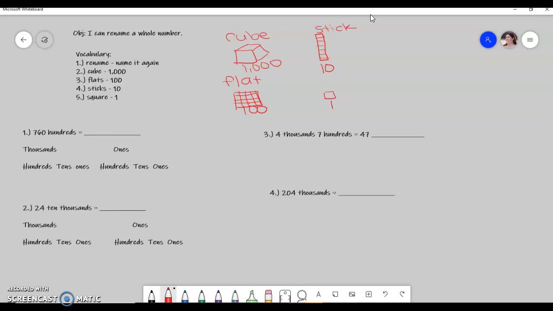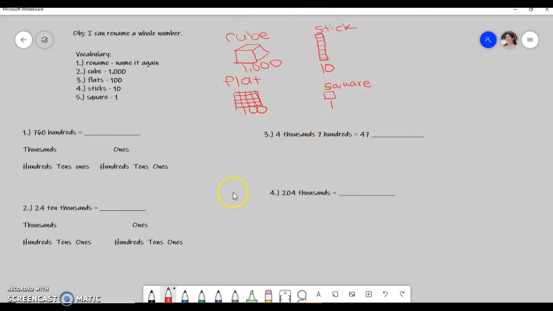So this is only worth 1, and that's our square. So these will come in handy when we're figuring out how to rename a whole number. We're going to use place value to do it, and we're going to use these visuals to help us figure it out.